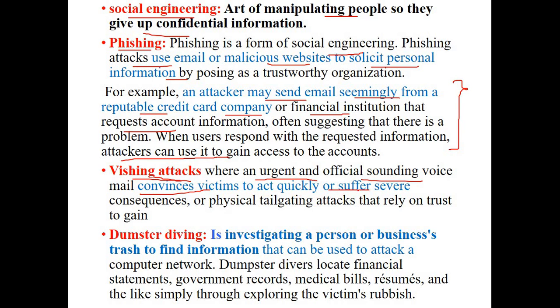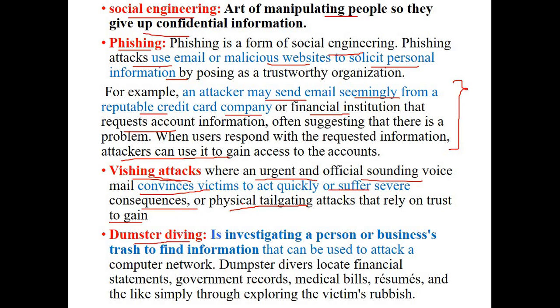Otherwise, they say the victims will suffer severe consequences. They gain some trust and then get all the confidential information from the user, and then they cause all the necessary damage to the user.